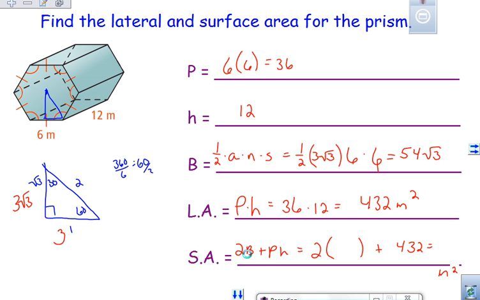So our surface area, we're filling in everything we found, two bases at 2 times 54 roots of 3, and perimeter times height is 432. So we get 187.06. Otherwise, you could also leave this in radical form.